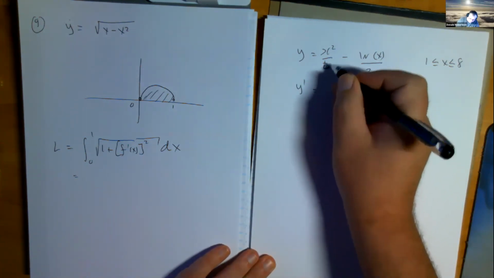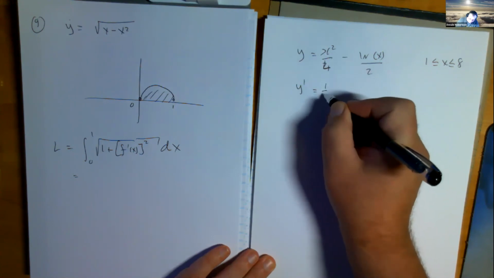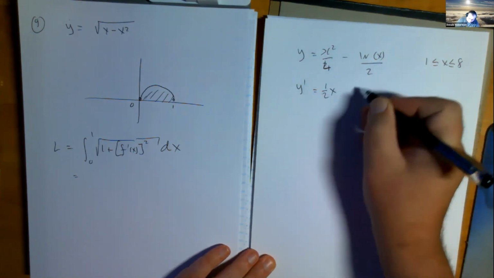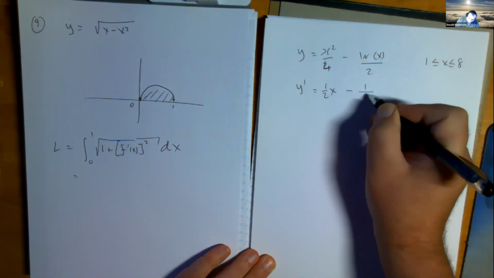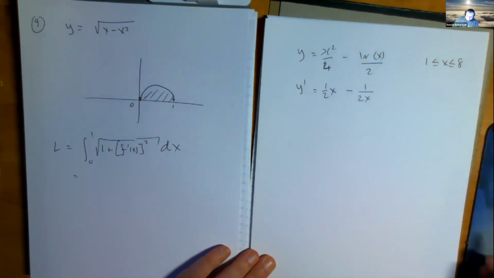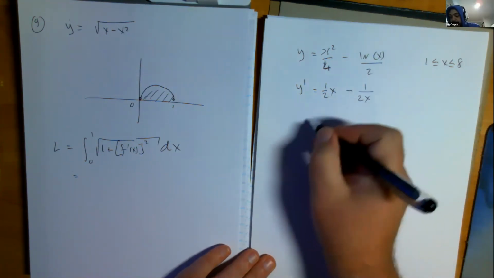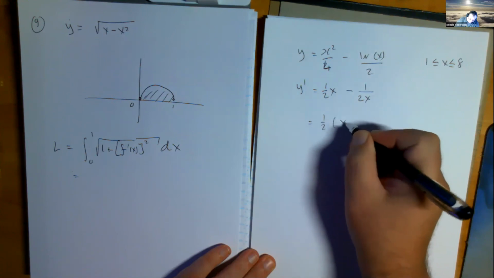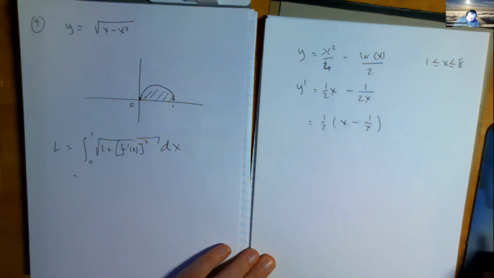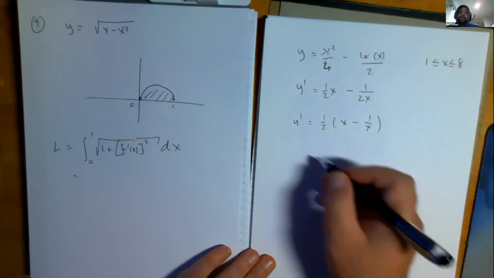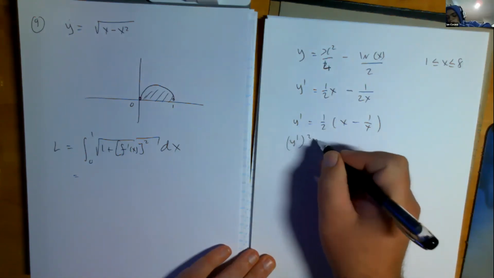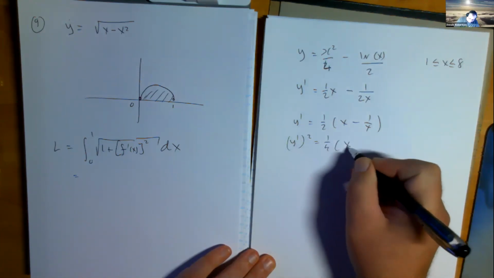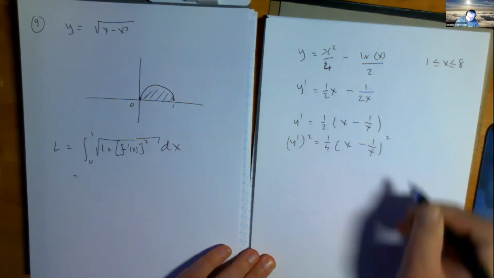Okay, if you differentiate this guy, you get 1/2 x. If you differentiate this guy, you get -1 over 2x. Do you get that? Yep. Okay, I'm going to pull out the half and just leave that for the time being. Now if you square it, you get 1/4 that guy.